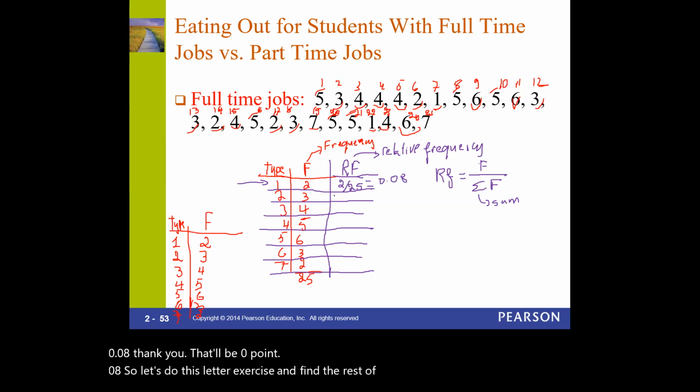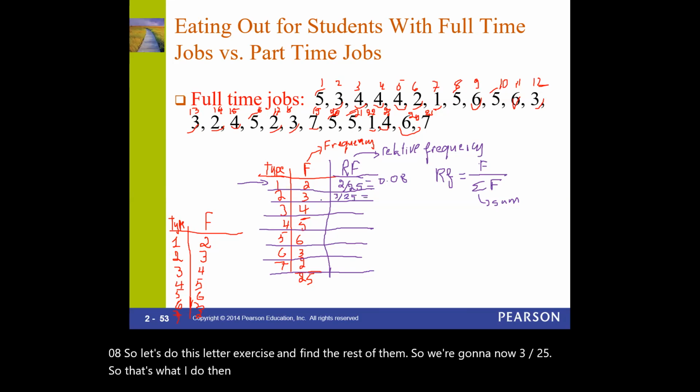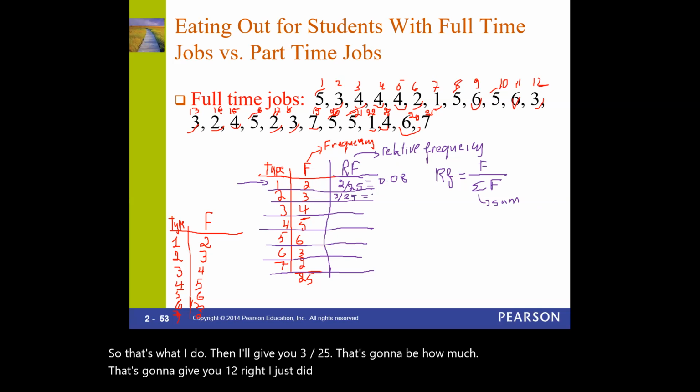Now we're going to do 3 divided by 25. That's going to give you 0.12.